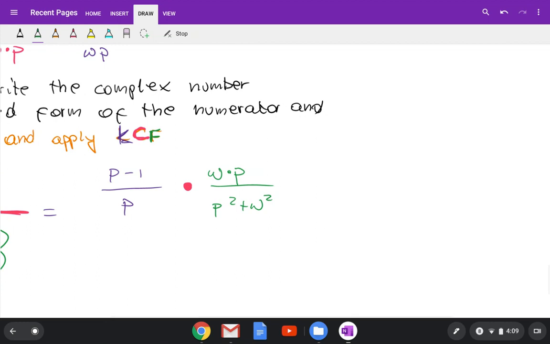And now you have a fraction multiplied by a fraction, which means we multiply numerators together. Be careful, you have expressions, so put them in parentheses. So we multiply, and multiply denominators.